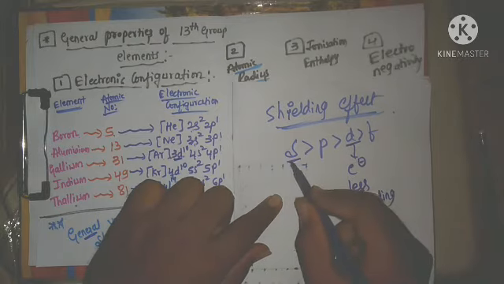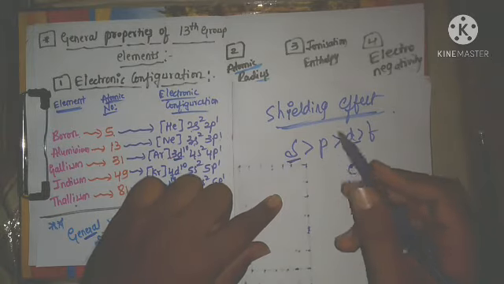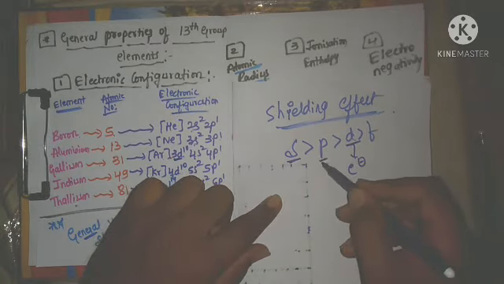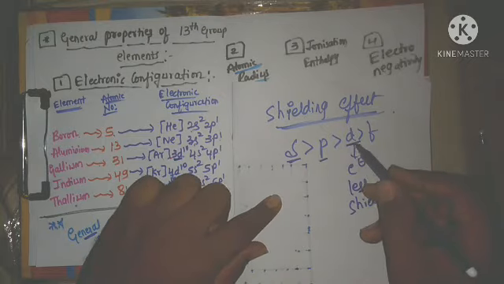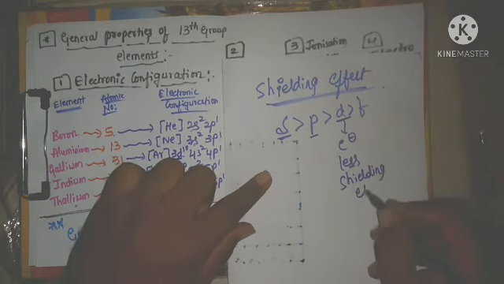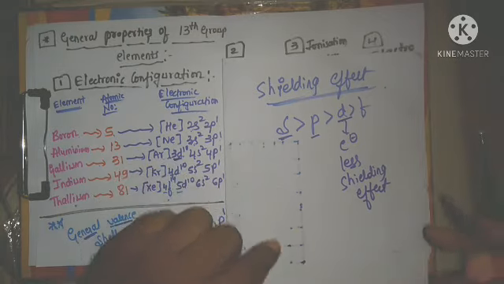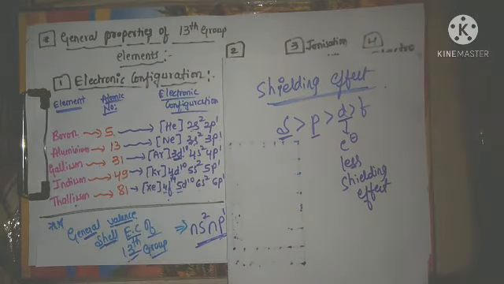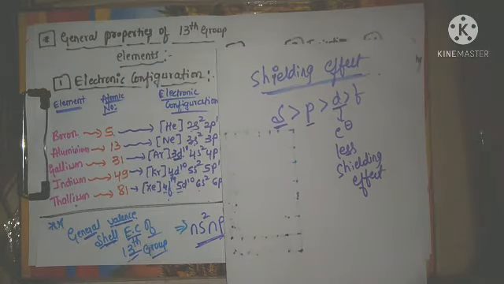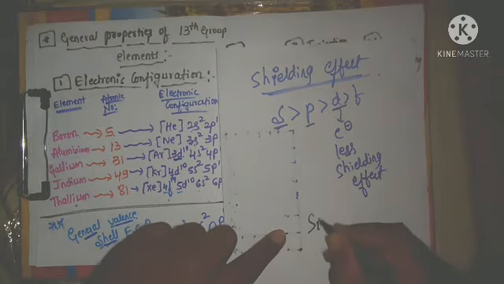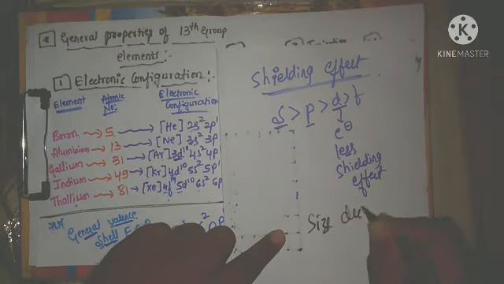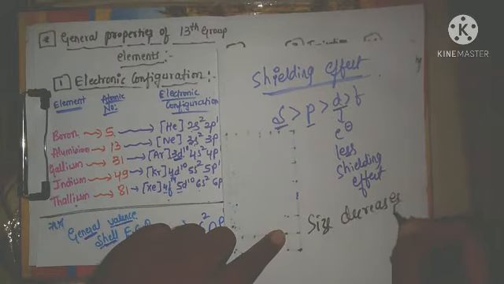S has very high shielding effect, P has a little more than D, but D has very little shielding effect. Shielding effect is less means size decreases.